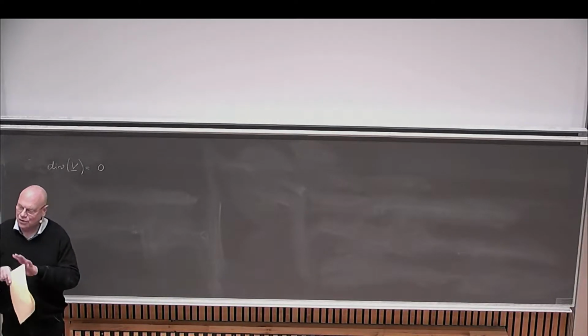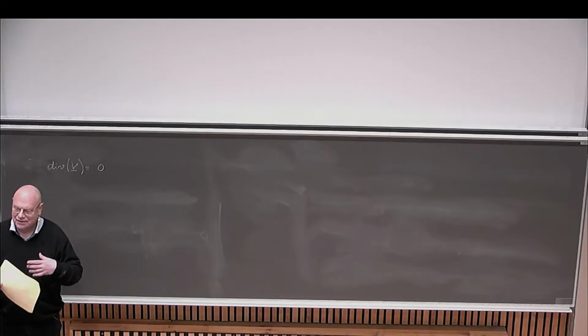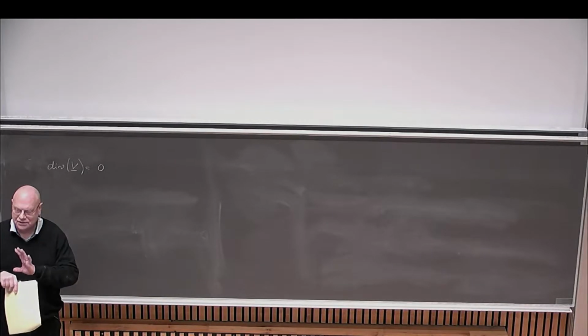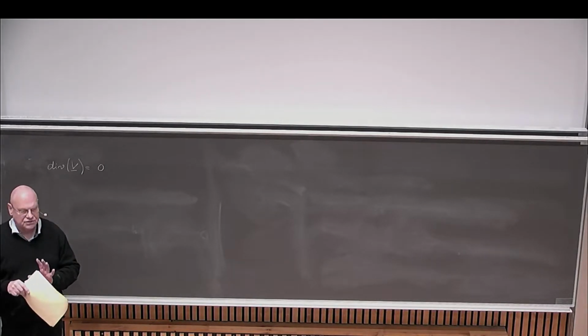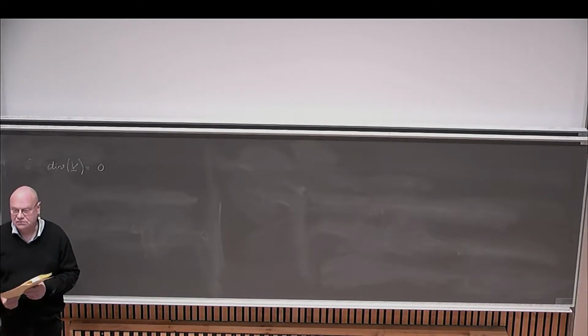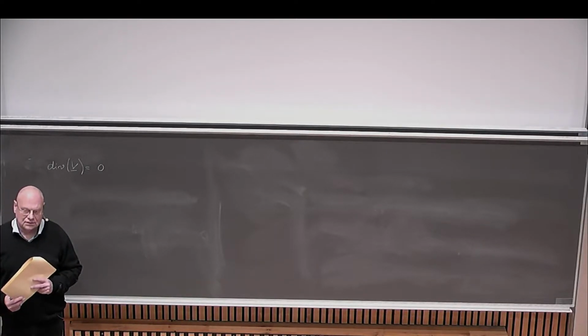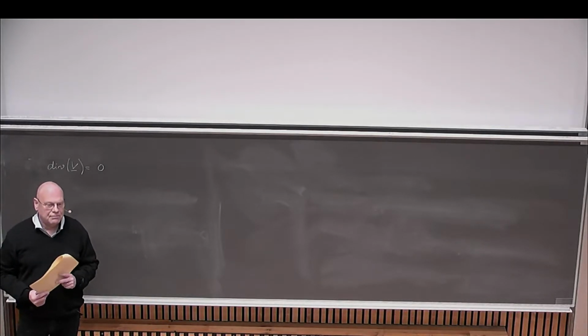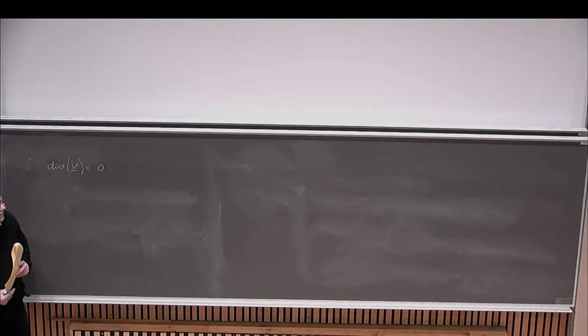Then if you have a closed surface and you look at the flux of this vector field out of the surface, you will get 0, because it is simply the divergence times the volume of that solid. That is a result.